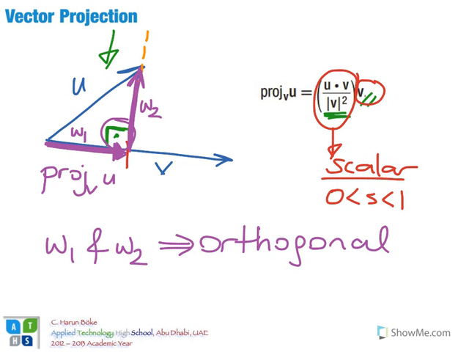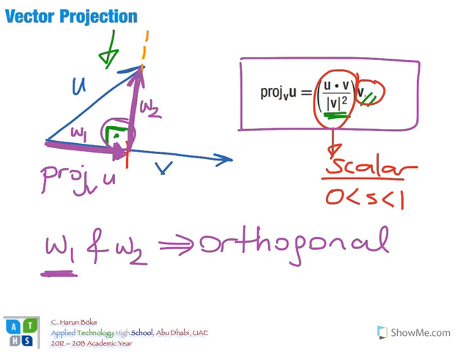Hence, in the question, if it asks you to calculate the projection, you're going to use the formula. Then, if it asks you to find a vector so that the projection, which is actually W1, and that vector we will find, which is actually W2, will be orthogonal, then we are going to go through like this.